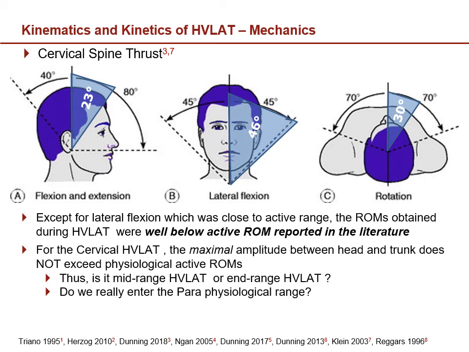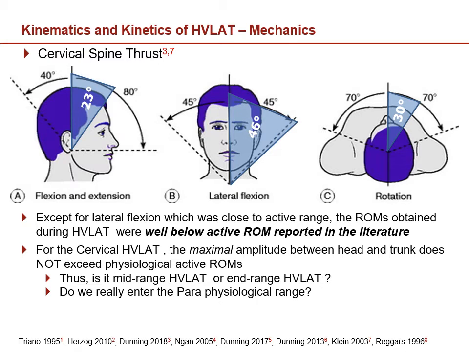So do we really need to enter the paraphysiological ranges to be able to perform the cavitations? Again, I would make the argument that's not the case. If we know the arthrokinematics and how the joints actually move, and then we're quick enough, we can create artificial barriers and use the speed to help us not go into these paraphysiological ranges.